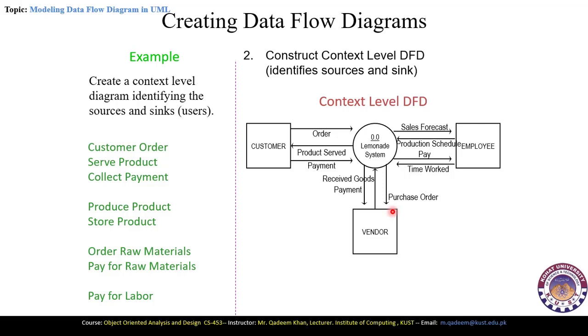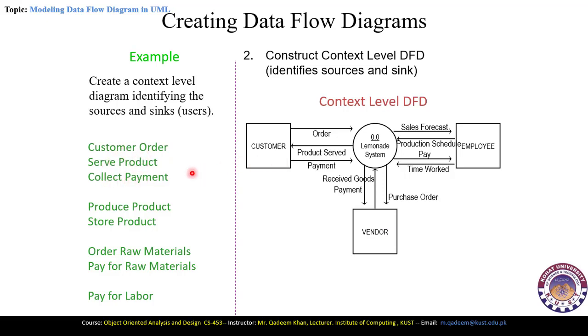Now in the level 2 context DFD, first we have defined the level 0. So here we need to create a context level diagram and we need to identify the sources and the sinks, which are different users. For example, the customer is one user, and employees and vendors are two other users here. So here we have customer orders, serve products, collect payments.